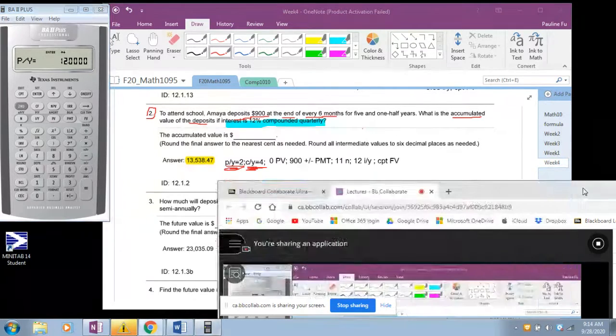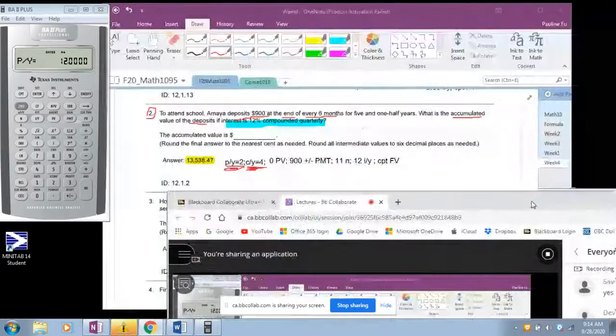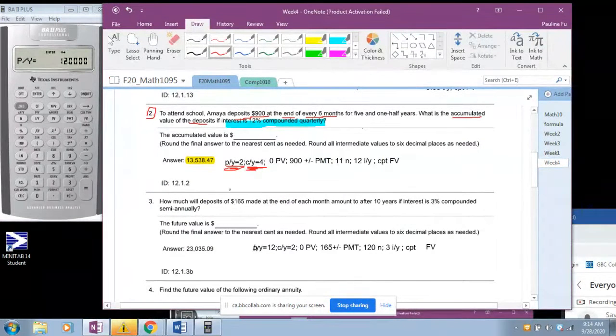I heard the question. Kaden, thank you so much for your question. The question is why PY equal to 2. Please ask questions. Why PY equal to 2.